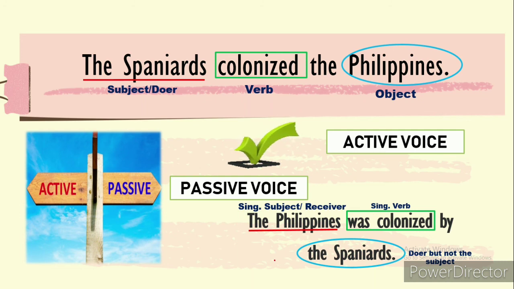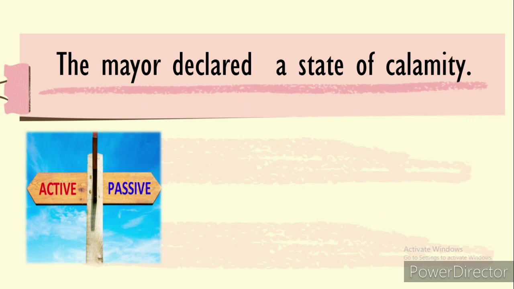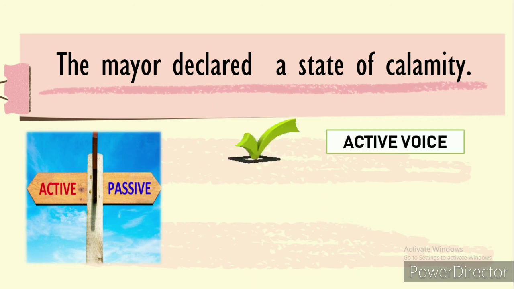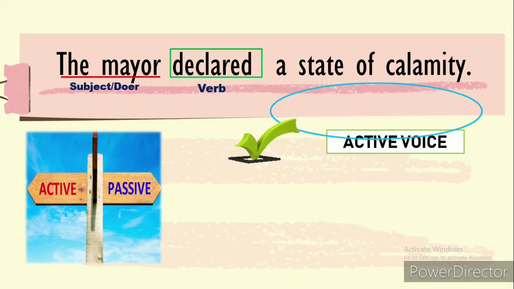Then we have the mayor declared a state of calamity. Is this in active or passive voice? Very good! This is in active voice. The mayor here is the subject or the doer of the action or the verb declared, and state of calamity is the object.